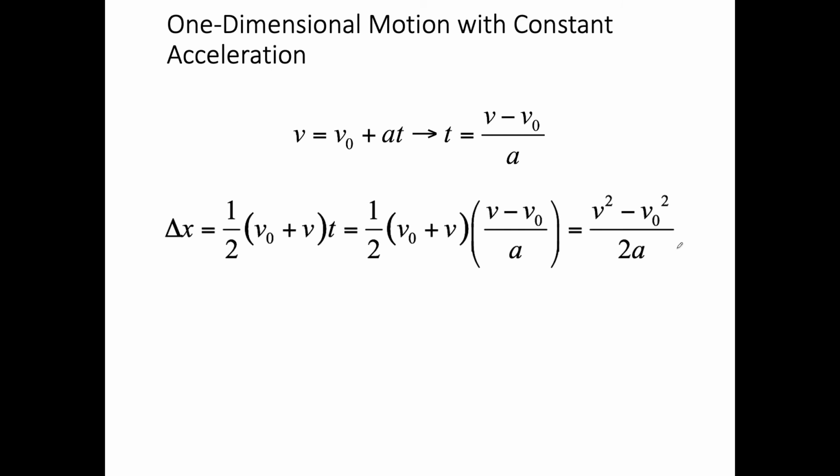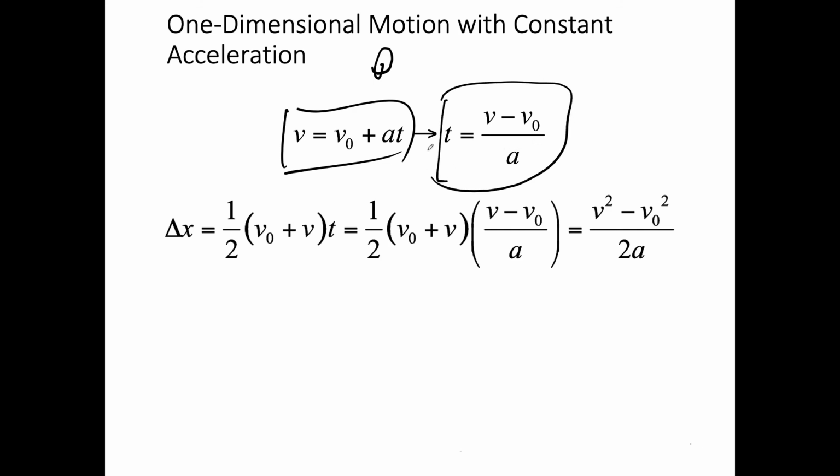Now we can derive another useful equation. We just solve for t from the first equation: subtract v0 on both sides and then divide by a. We find t equals final velocity minus initial velocity divided by acceleration. We substitute t by the right hand side and work out all the terms.